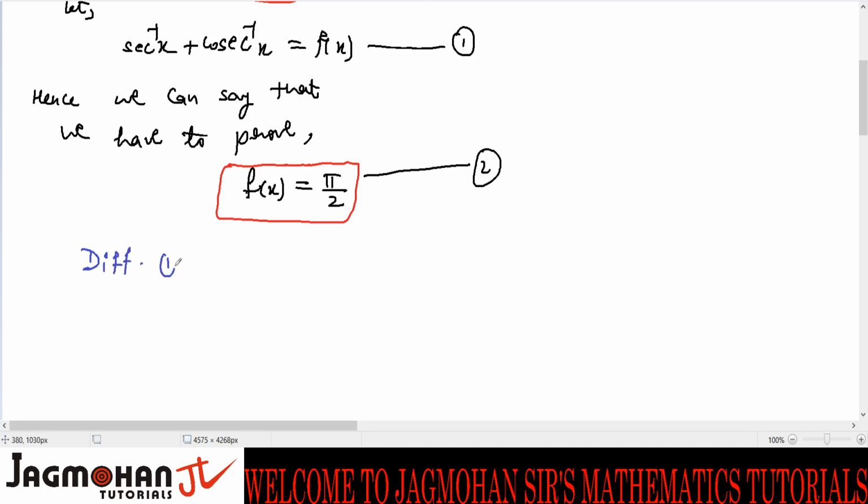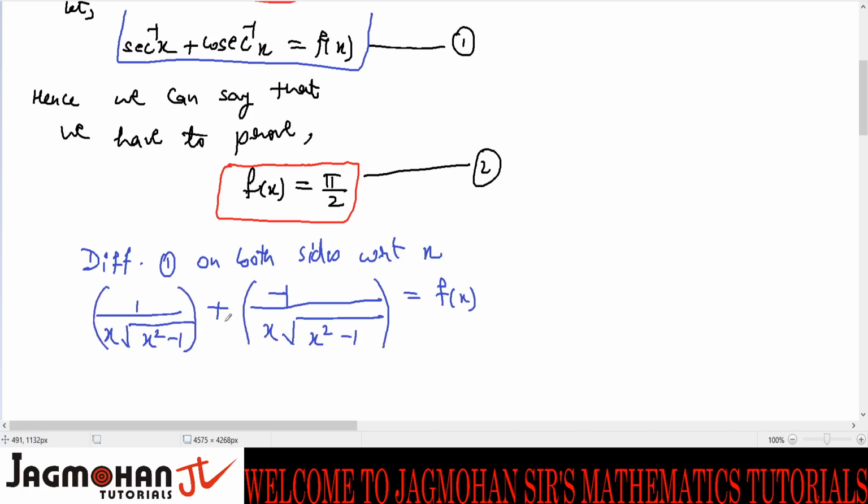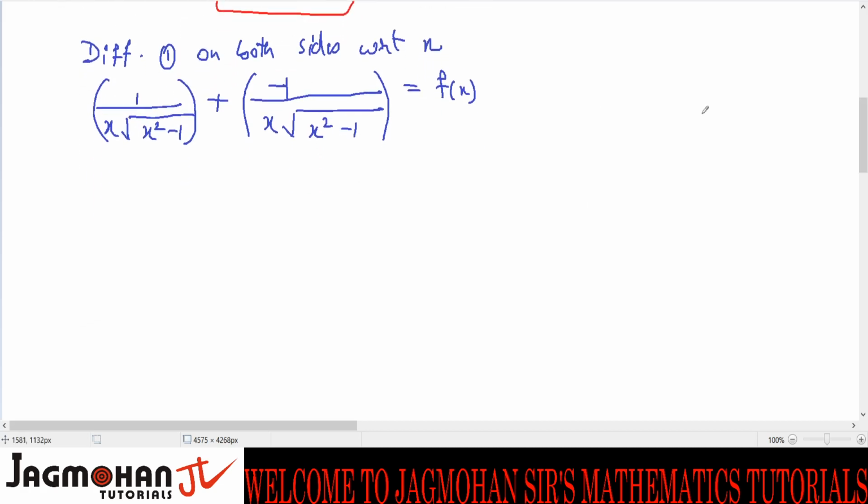Differentiating 1 on both sides with respect to x, I will get 1 upon x root of x square minus 1 plus minus 1 upon x root of x square minus 1 equals f dash x. Now you check, these two are negative of each other. So the sum of these two will be 0.